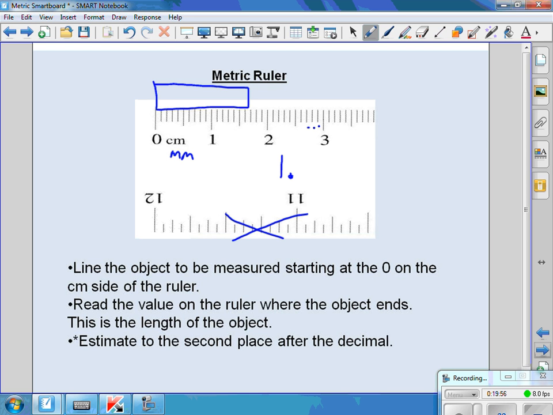For my decimal, I need to count how many little lines it goes over. 1, 2, 3, 4, 5, 6. We're going to stop at 6 because it doesn't quite get to the 7. So the answer for the length of that little tiny piece of paper would be 1.6 centimeters, cm. And again, it would be nice to get you to estimate to 2 decimals, but I will only be grading up until the first decimal to make sure that one's correct.